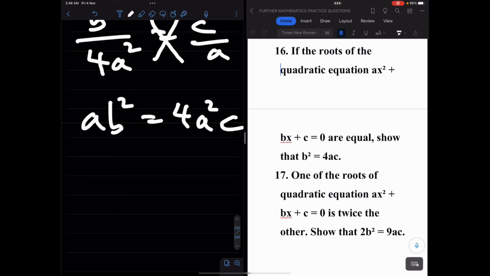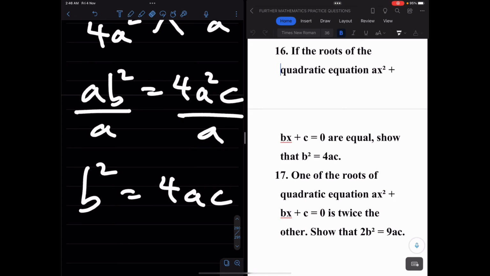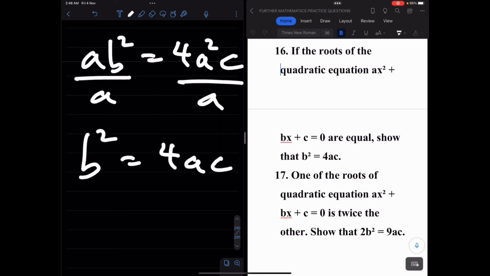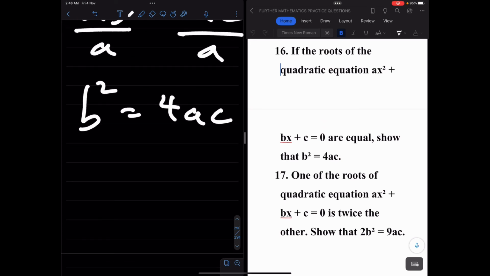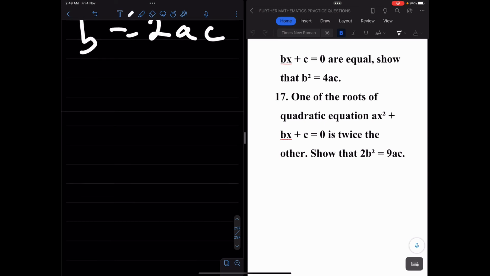If I divide both sides by a, then I'm going to get b squared equals 4ac. Of course, a squared divided by a is a, and that's what we're asked to show, which is the answer, very, very simply.